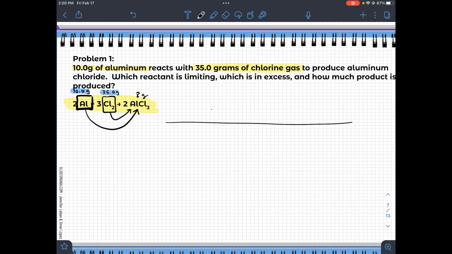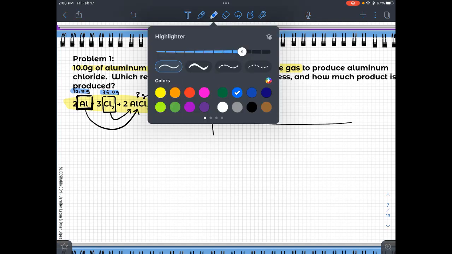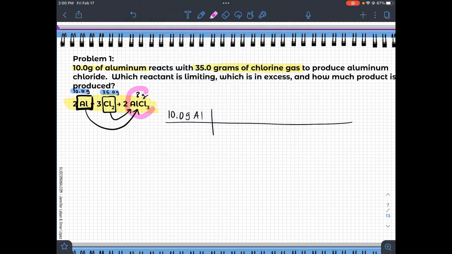So I'm going to set up my first stoichiometry calculation starting with aluminum. I have 10 grams of aluminum, and I'm going to go all the way to what I'm highlighting over here in pink, all the way to grams of aluminum chloride. So here we go. Grams of aluminum. My first step in the molar roadmap, if I'm at grams, is to go to moles of the same chemical, moles of aluminum.